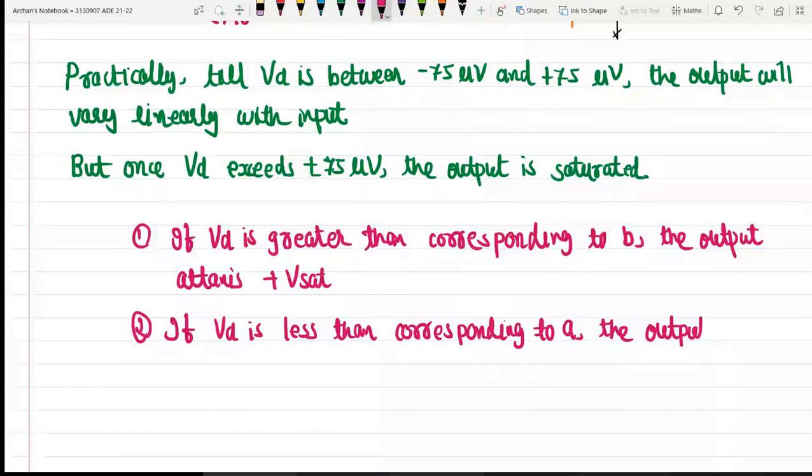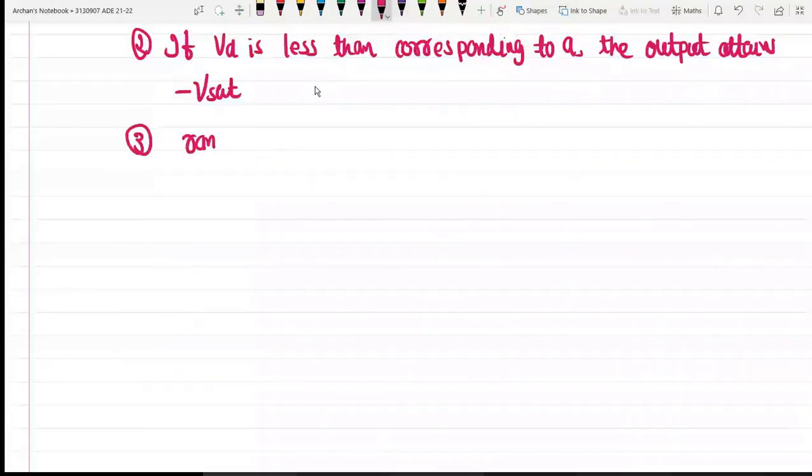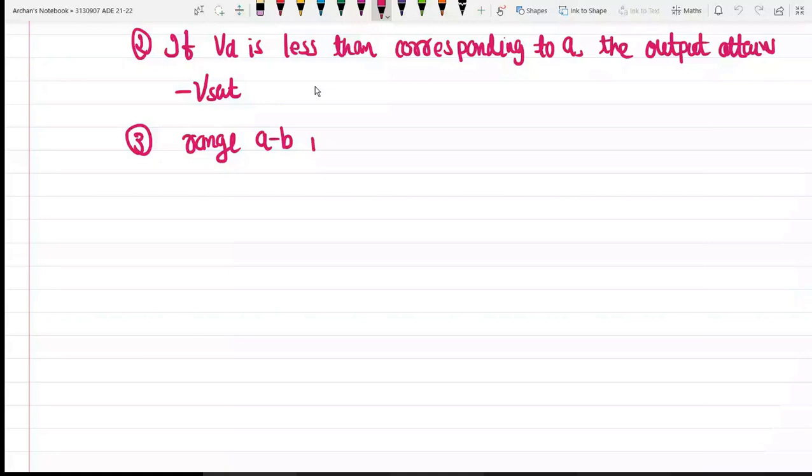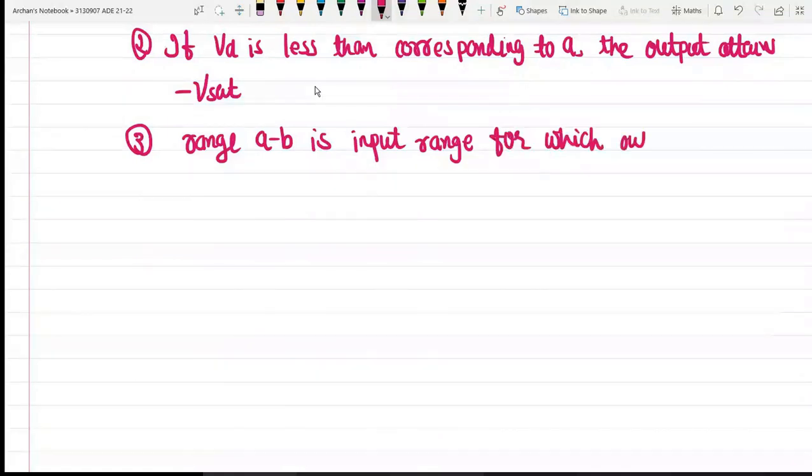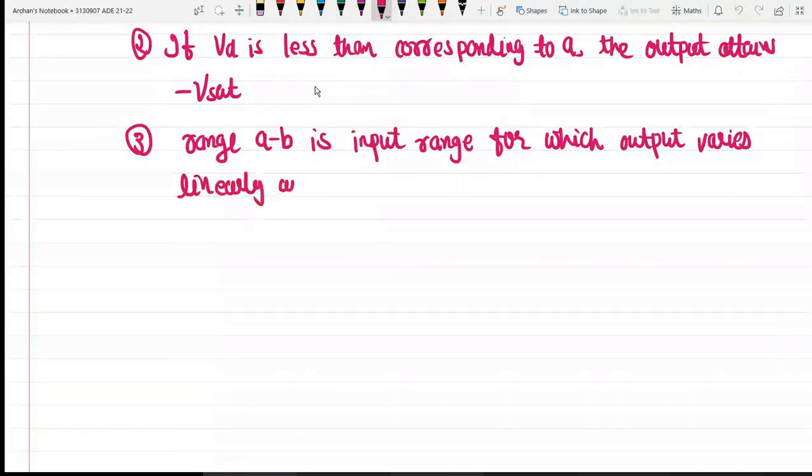So this range AB, we can conclude that range AB is the input range for which my output varies linearly with the input.